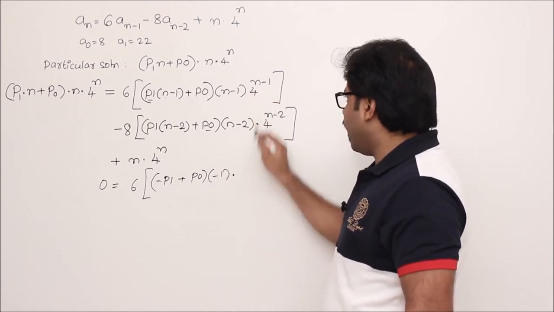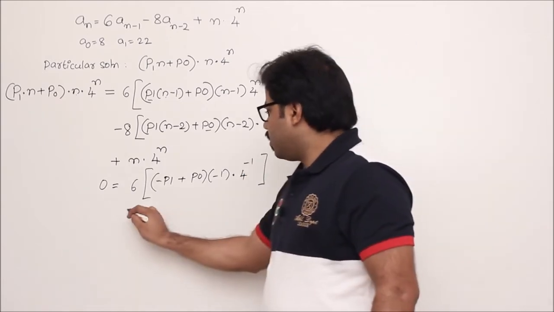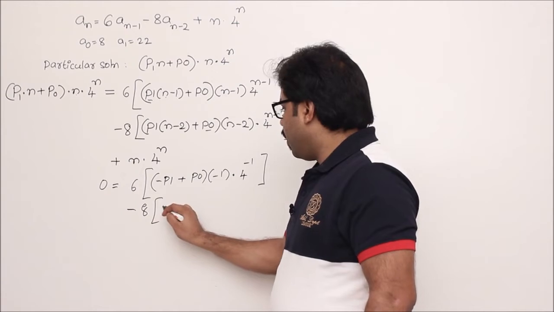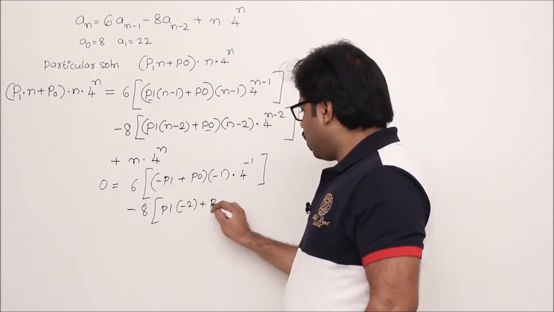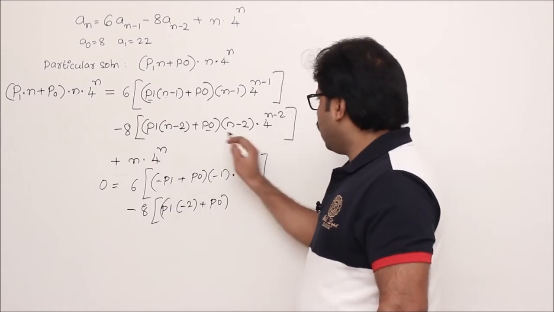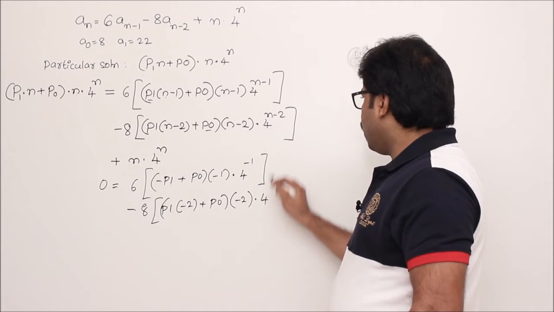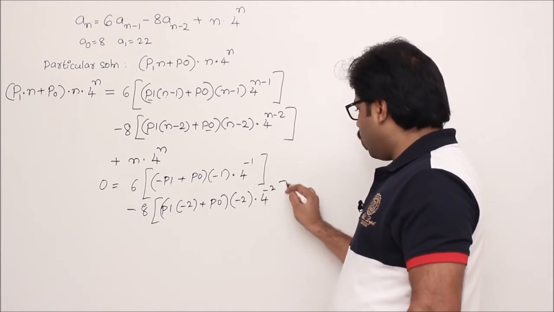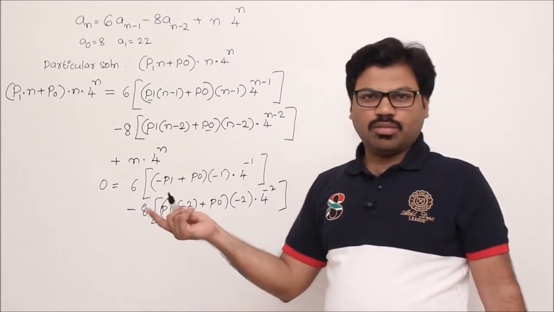So I am substituting n is 0, 4 power minus 1. Then minus 8 into (p1 into 0 minus 2 plus p naught), whole brace, into n minus 2, which is 0 minus 2, minus 2 into 4 power 0 minus 2, 4 power minus 2, whole brace, plus 0 into 4 power n, which is nothing but 0.